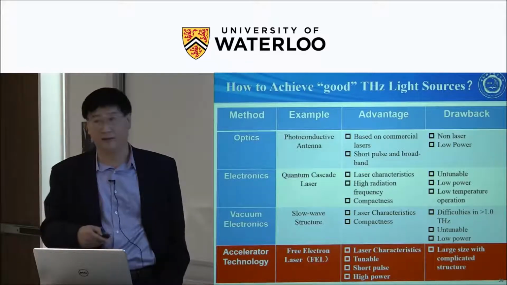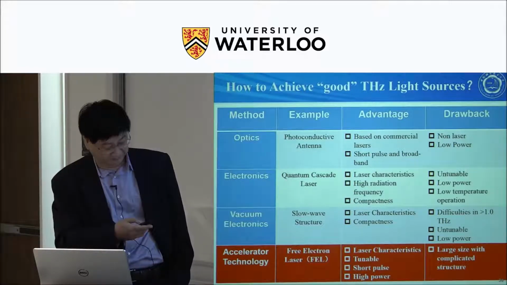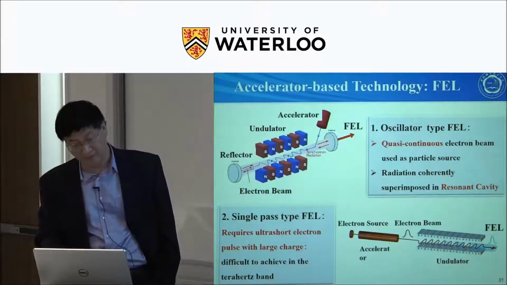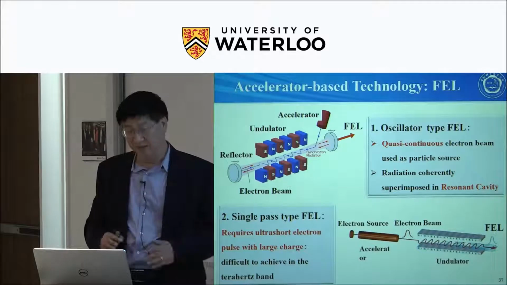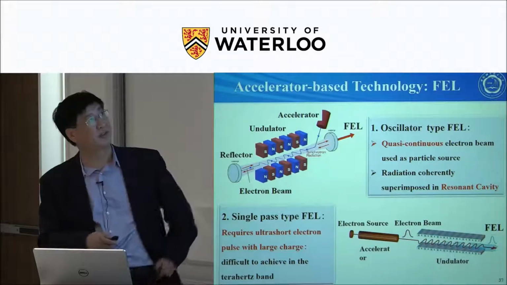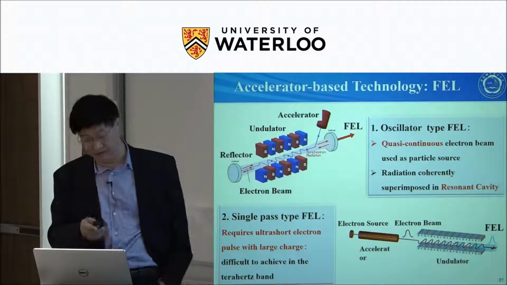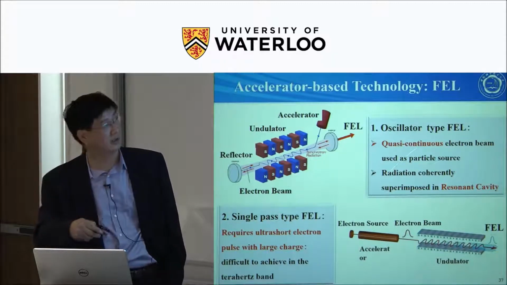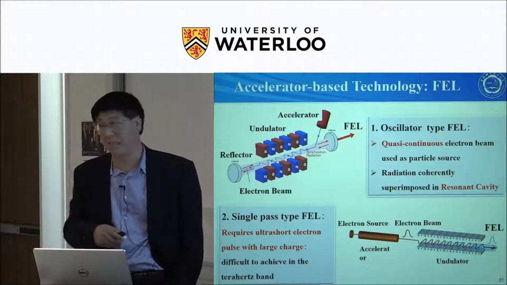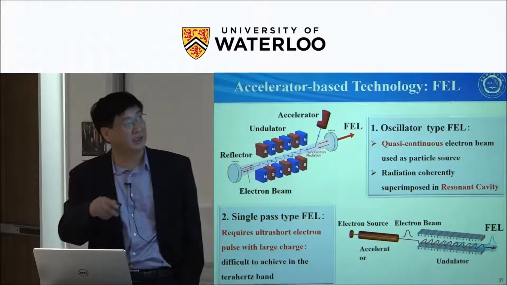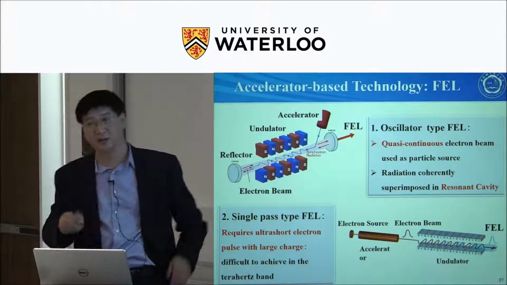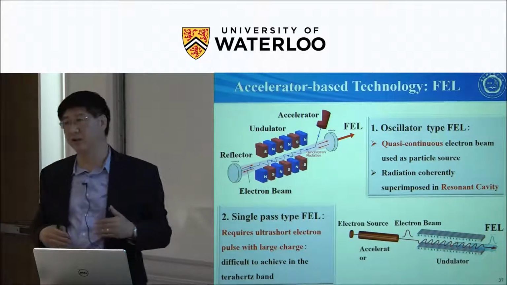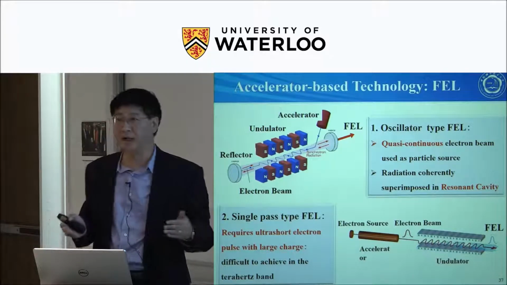So one way I followed is FEL. In general, for the accelerator-based technology for FELs, there are two ways. One is the oscillator type FEL, the second is the single pass type FEL. The oscillator type FEL is normally effective for lower energy photons, for example, terahertz, infrared.